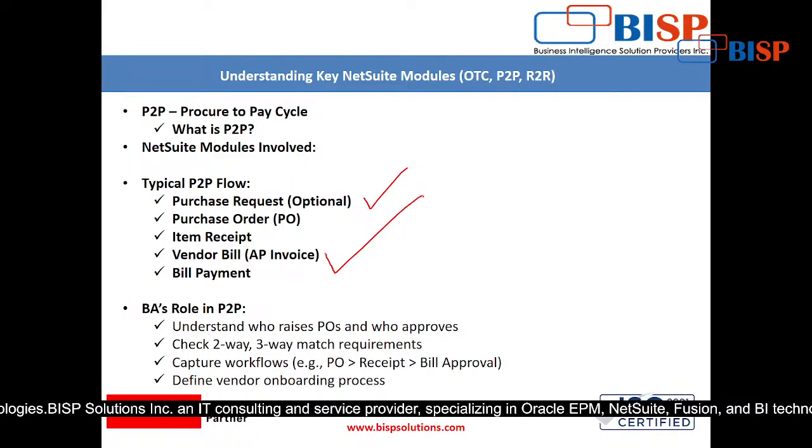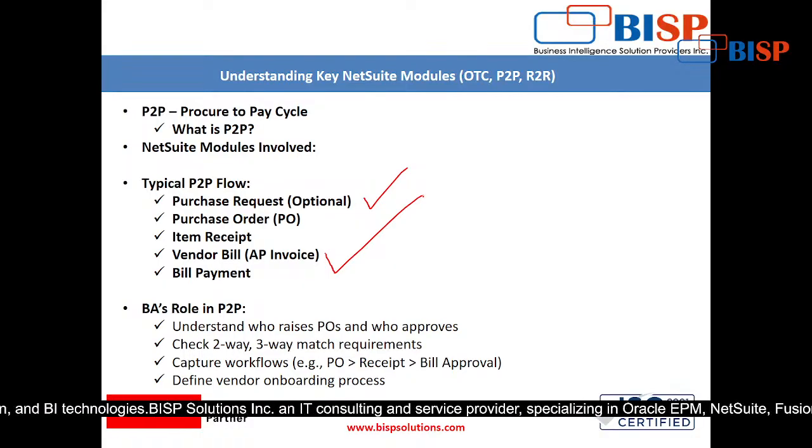For example, suppose the items to purchase are more than $10,000, then the purchase officer or purchase supervisor will approve it, and if it is beyond $50,000, then the purchase manager or the CEO, anyone, will approve it.